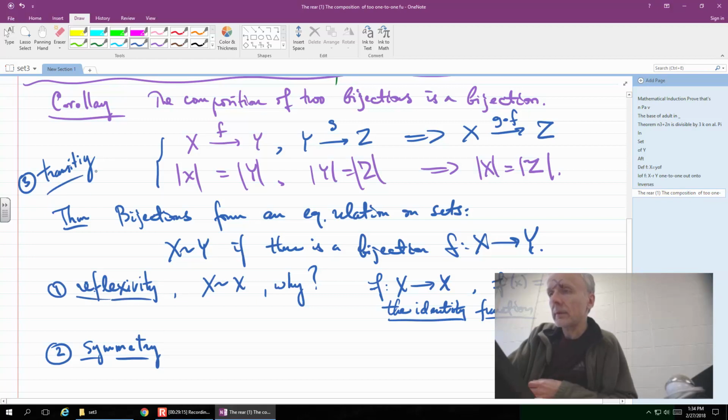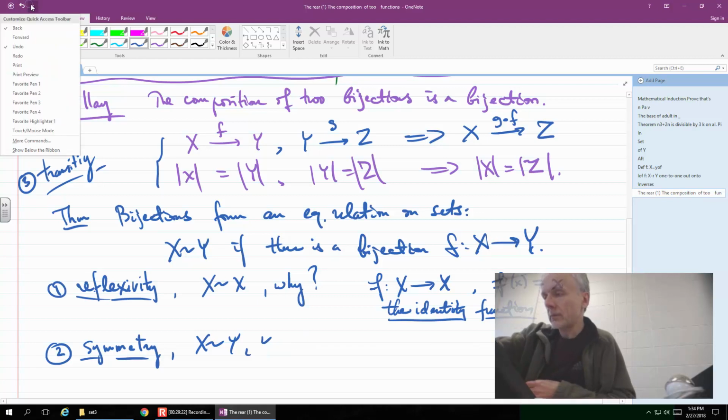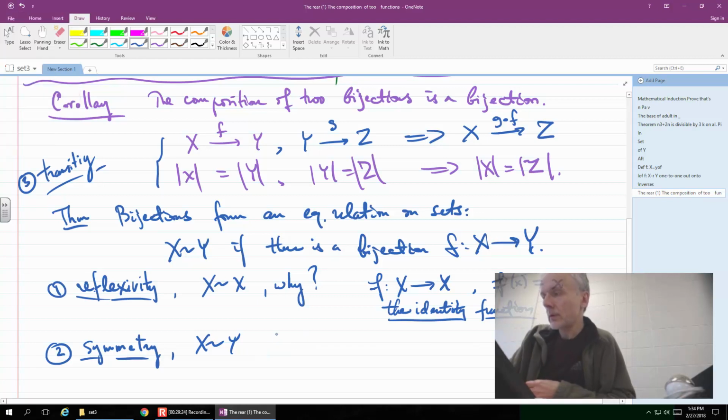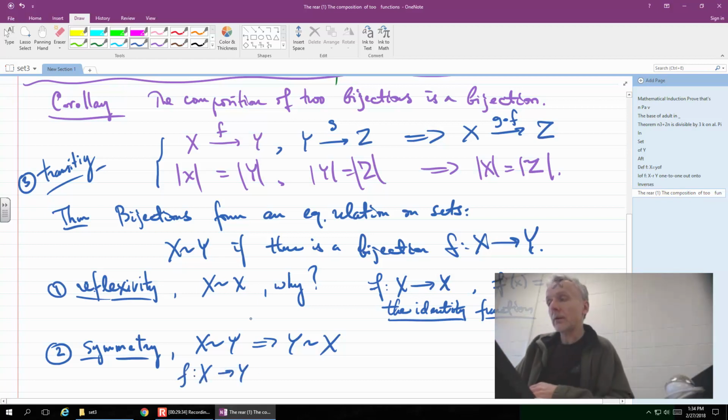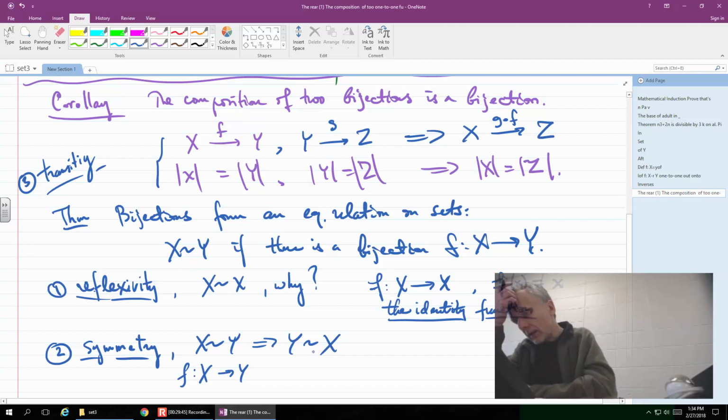Symmetry. So X equivalent to Y implies Y is equivalent to X. Okay, so what do we do? Definition, so then jump to conclusions. X equivalent to Y, so there's a bijection from X to Y. Okay, so Y implies X. No, no. It's an equivalence relation between sets.